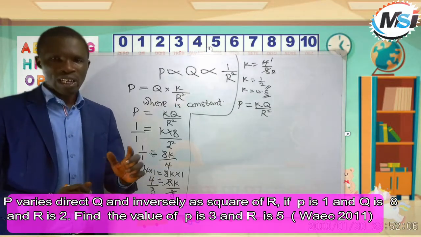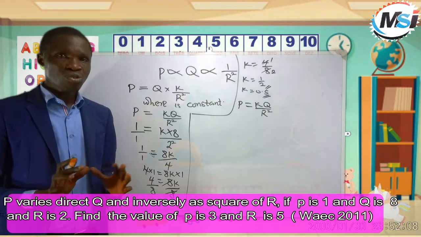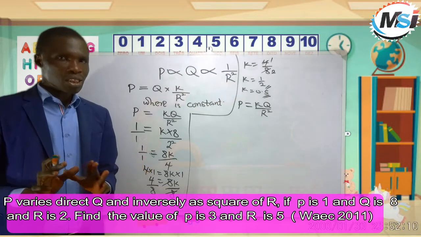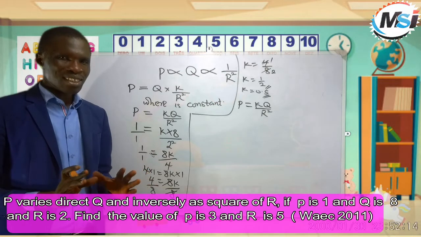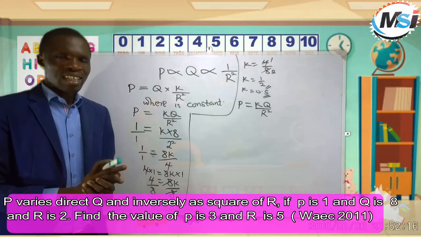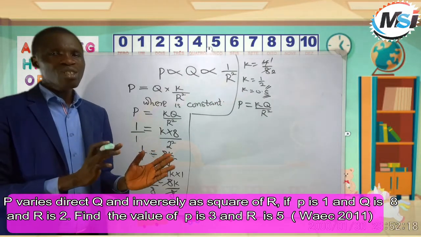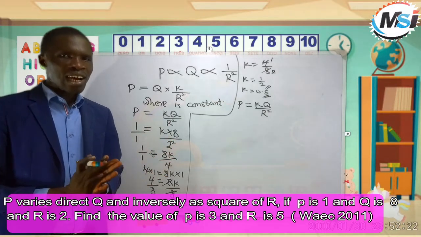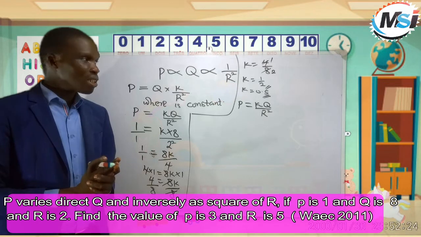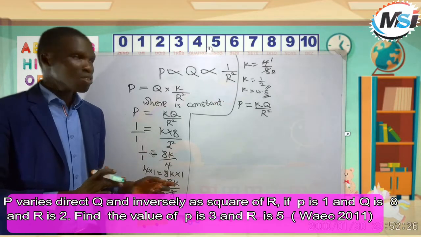P is no more 1. Some of our students used to make this mistake, but I'm telling you this so that you will not be among those that make the mistake. I believe you are getting what we are doing here. Now, P is no more 1. P is 3 now. And R is no more 2. R is 5 from the question given to us.